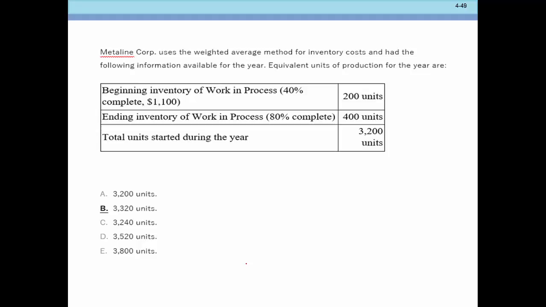How do you want to work that one? So you first do the 3,200 units started during the year, and then you subtract the ending inventory of 400 units because those weren't done yet, right? Good.